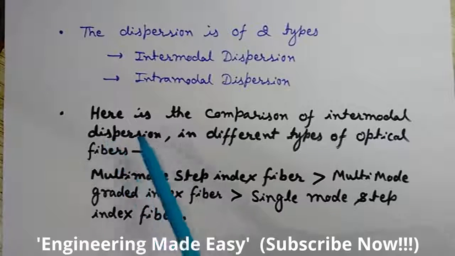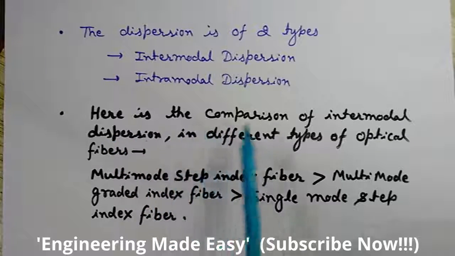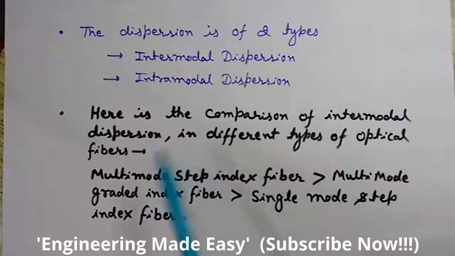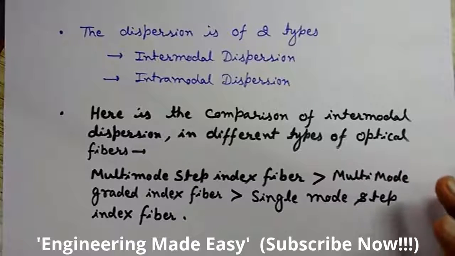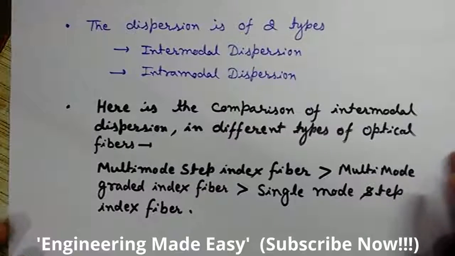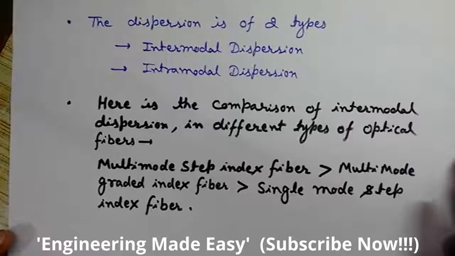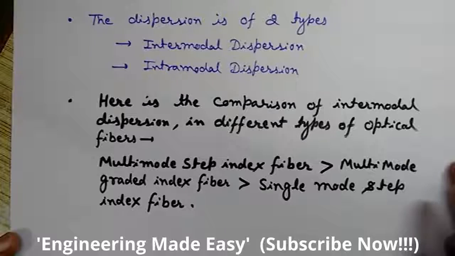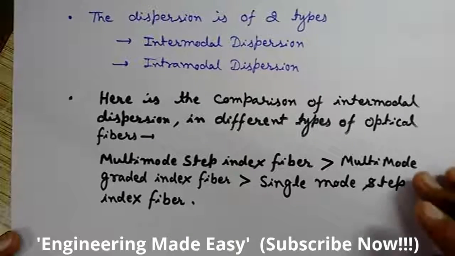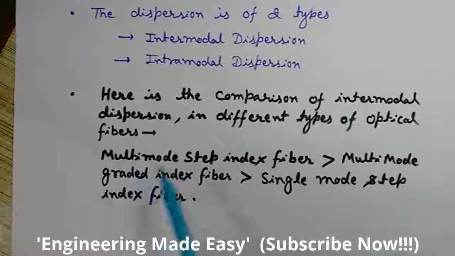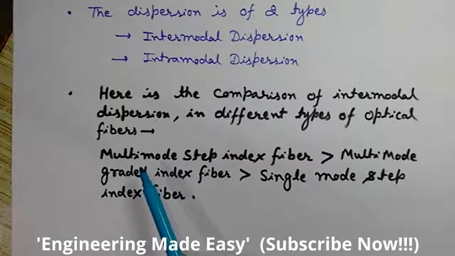So here is the comparison of intermodal dispersion in different types of optical fibers. Since we have studied many fibers, based on modes, multimode and single mode, and also graded and step index, how is the comparison between all these based on intermodal dispersion?